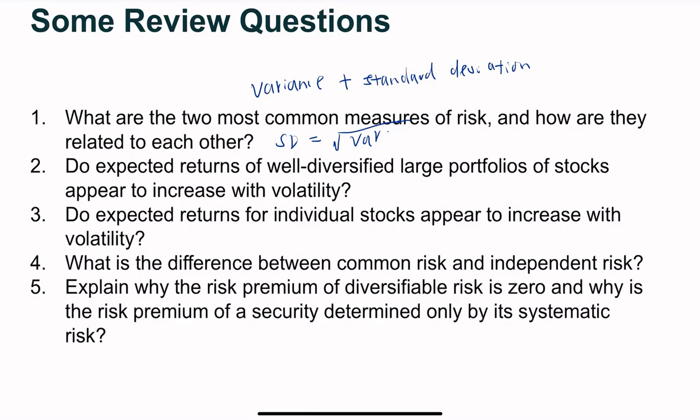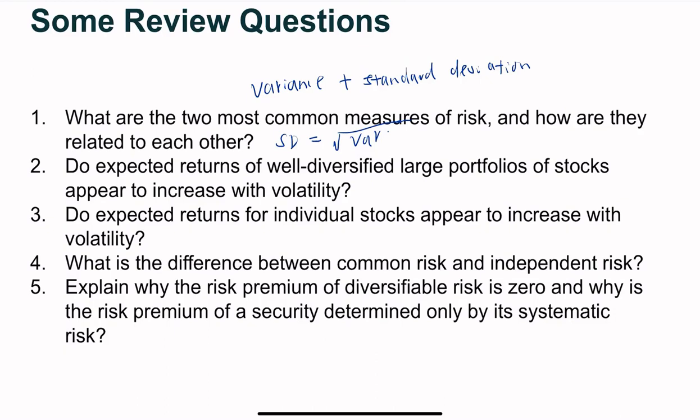And it's also important for you to understand why we have this kind of observation. The starting point is we know that investors should be compensated for bearing systematic risk. So this means there should be a positive relationship between expected return and systematic risk. And for large portfolios, because large portfolios are well diversified, the volatility of a large portfolio measures systematic risk.